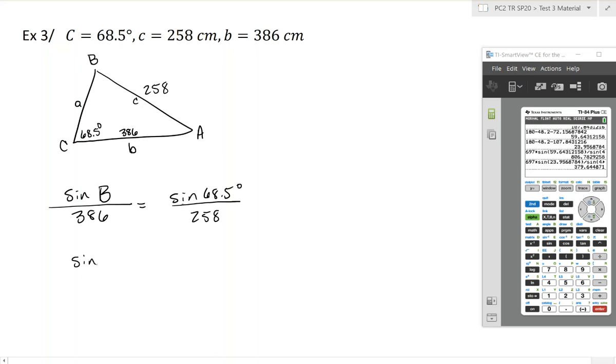And so I know sine of B is approximately 386 times the sine of 68.5 degrees divided by 258, and I get 1.39, and that cannot be. The sine of an angle is going to be between -1 and 1, so we're not going to have that. This means we have no triangles.